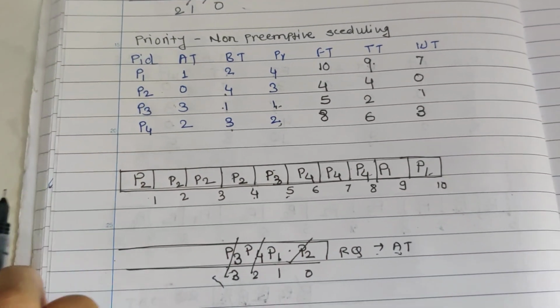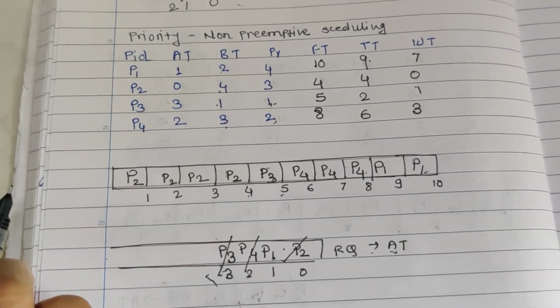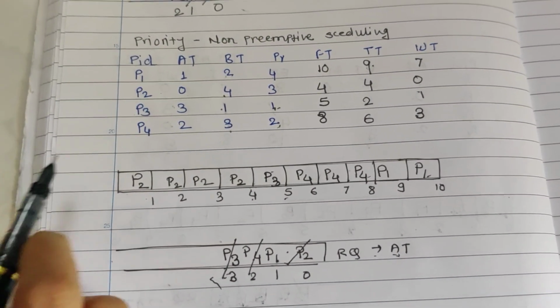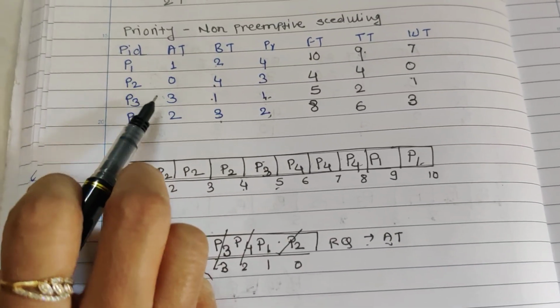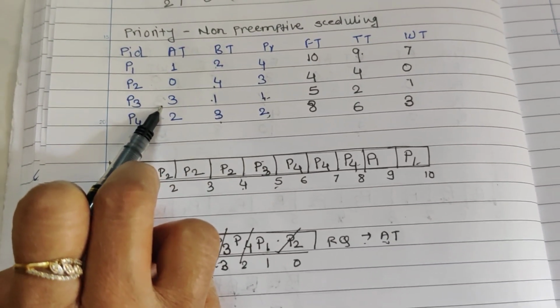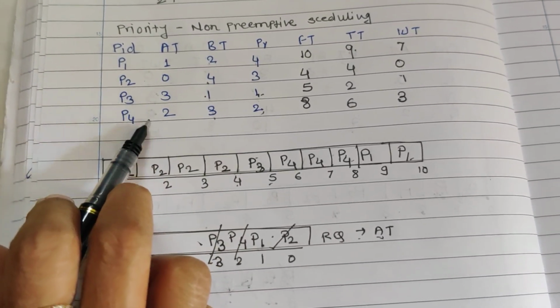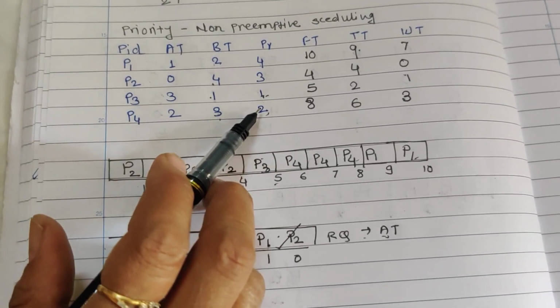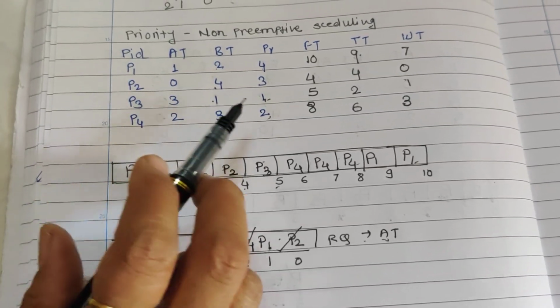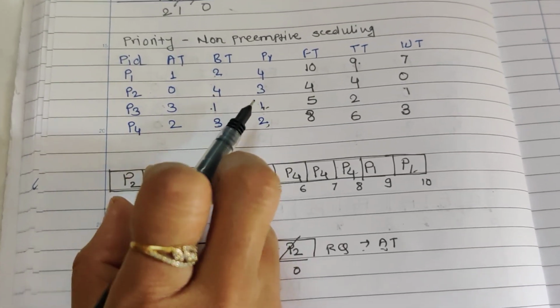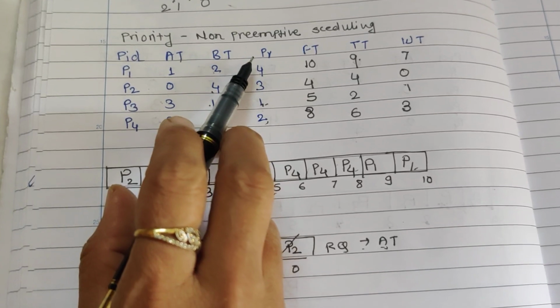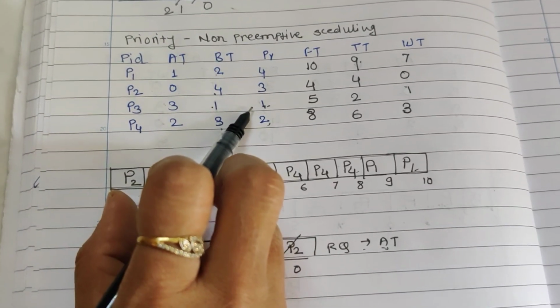It might be possible, in case of the non-preemptive approach of priority scheduling, that more than one process comes into the ready queue at the same time. If in a ready queue we have two processes with the same arrival time but different priority, then we are going to select the process with the highest priority.